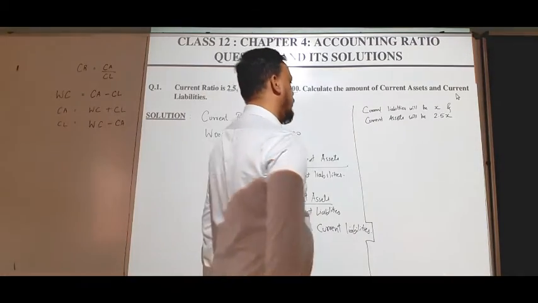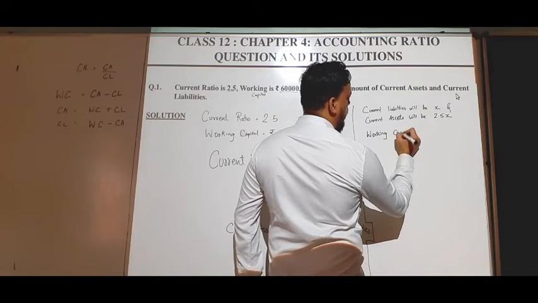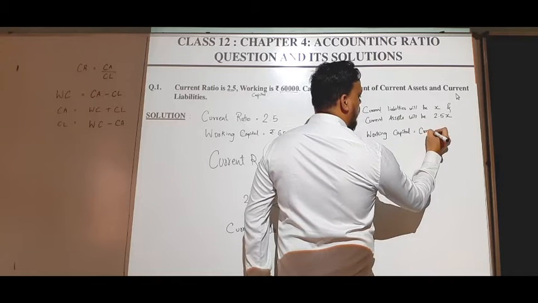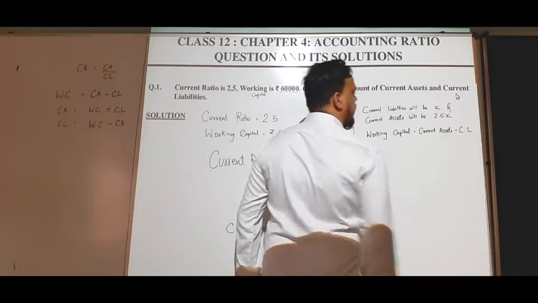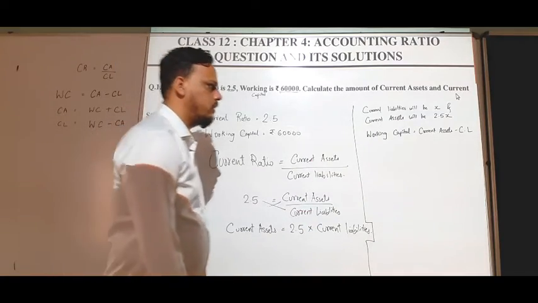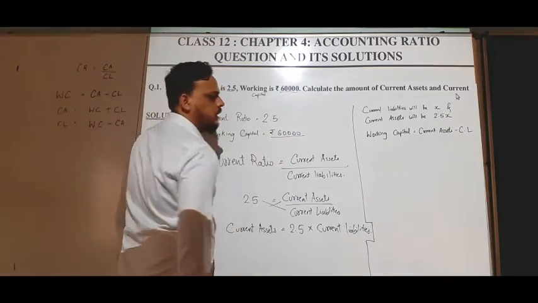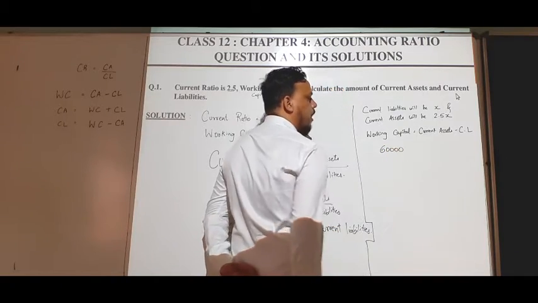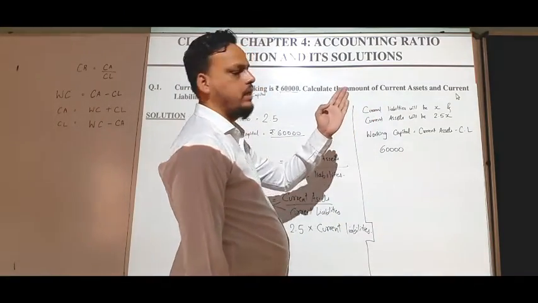So we will write working capital is equal to current assets minus current liability. Because of space issues, I have written CL over there. Now, in the question it has been said that working capital is 60,000. So I'll write here 60,000, and we have assumed that current assets is 2.5x and current liability will be X.